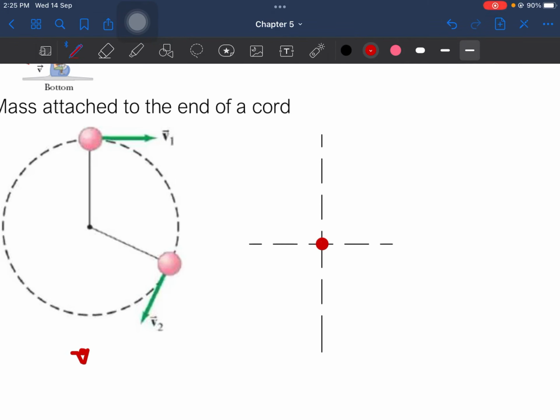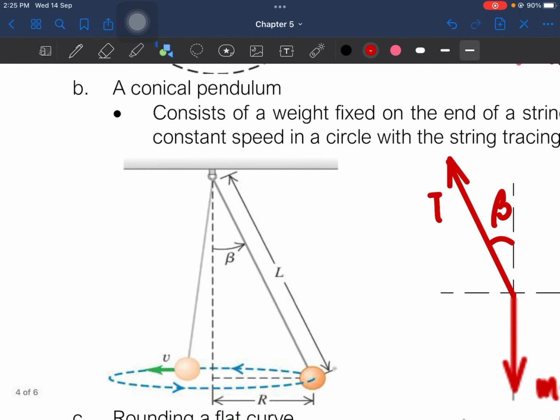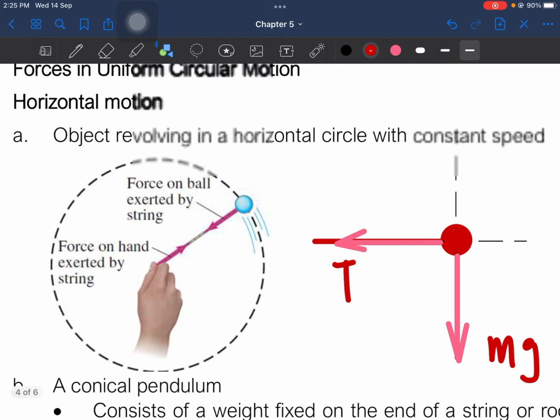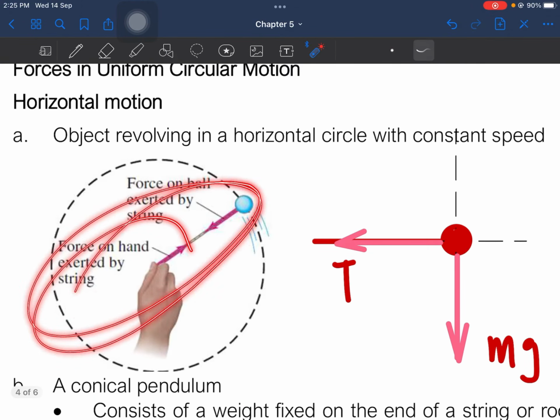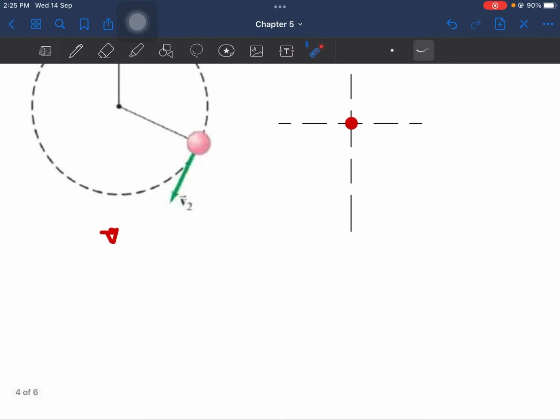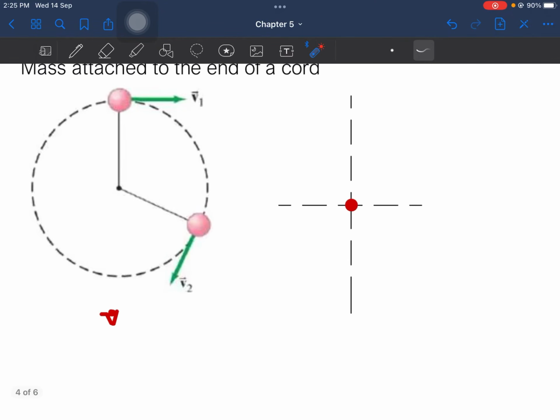Okay, situ adalah kita punya dot ball representing the object. Mass attached to the end of a cord. It's the same thing as the conical pendulum. Macam ni juga ba ni? Horizontal circle begini, kalau vertical mau begini. Okay. Kita akan tengok beginilah.